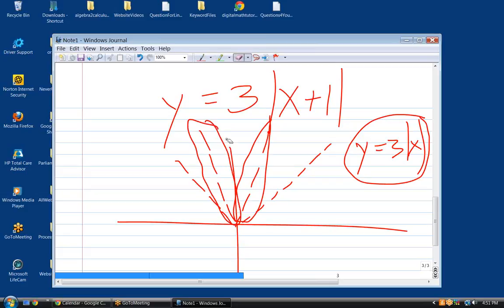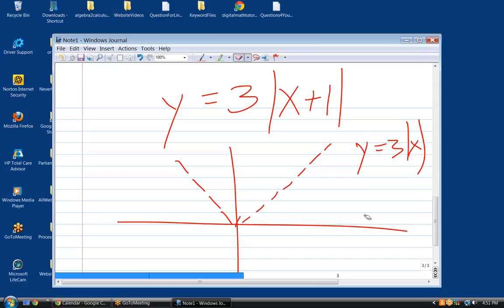Okay? Well, to do a good job of graphing this, we should do the horizontal translation first. What's the horizontal translation? What's the consequence of that inside the absolute value sign? It's moving to the left 1 unit.